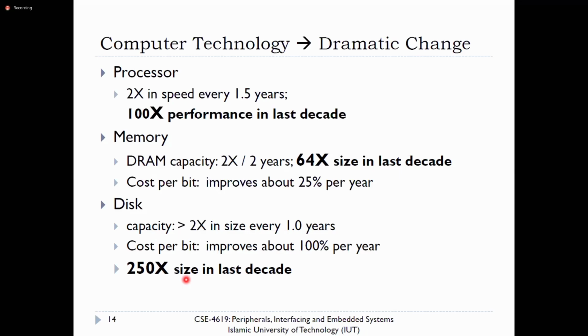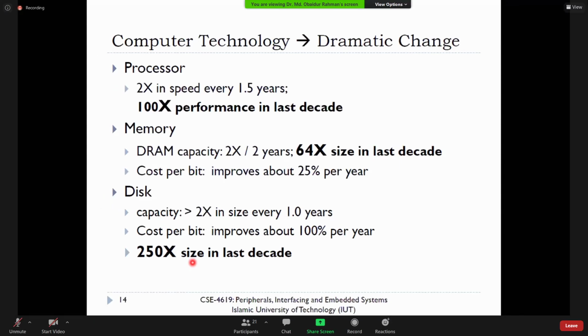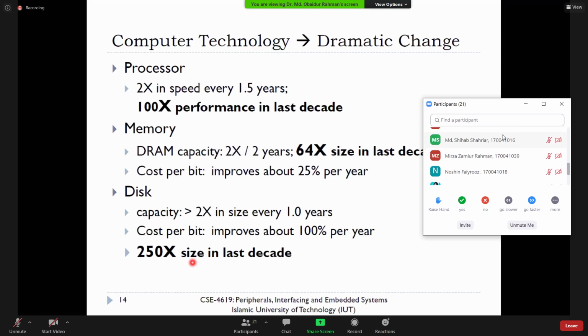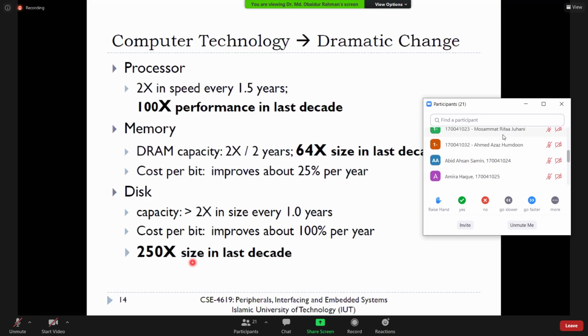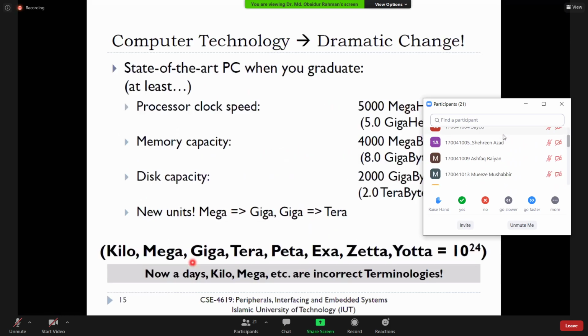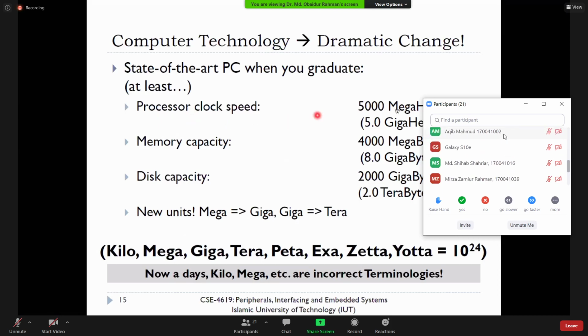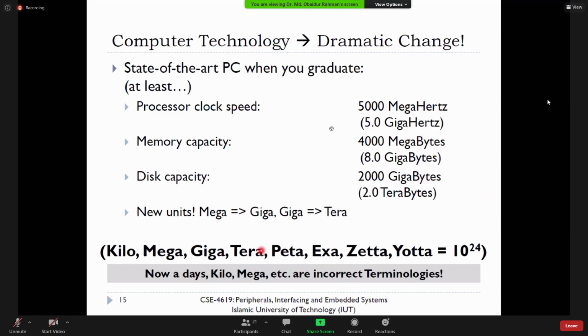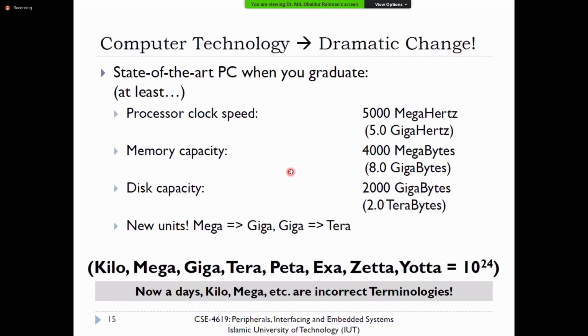This has a huge contribution towards the dramatic change of computing systems and computer technology. Actually, this is the last I'm talking about, from around 10 years ago.